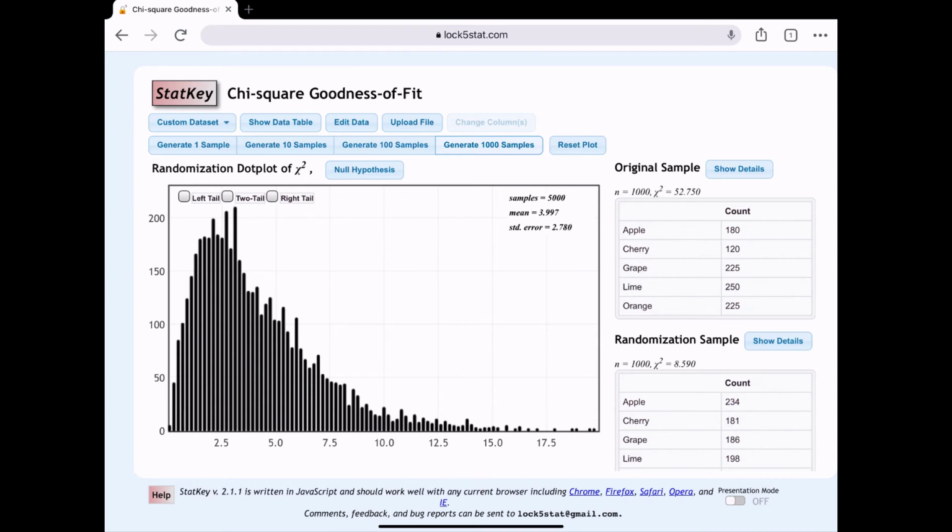Right? So if you want to check these values on the distribution, the randomization sample on the bottom shows you some of these statistics that we'd expect to see. And you can explore what kind of observed counts we would have if the proportions were coming from a population of equal proportions.